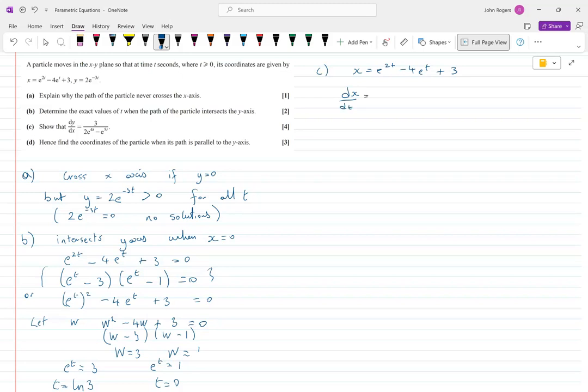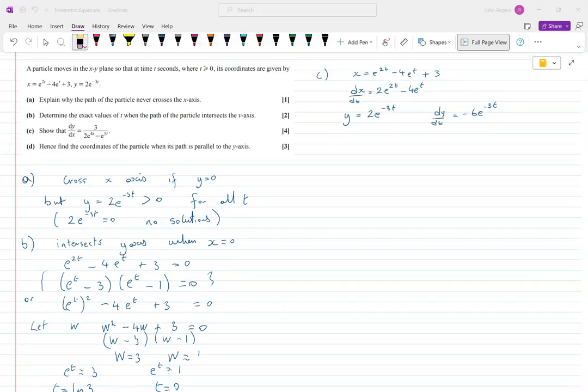This 2 obviously needs to be multiplied, so that's 2e to the 2t. And this just comes to itself, and the 3 disappears. And we can do the same with the y. Y equals 2e to the minus 3t. That gives us dy by dt. We need to times by the minus 3, so that gives us minus 6e to the minus 3t.